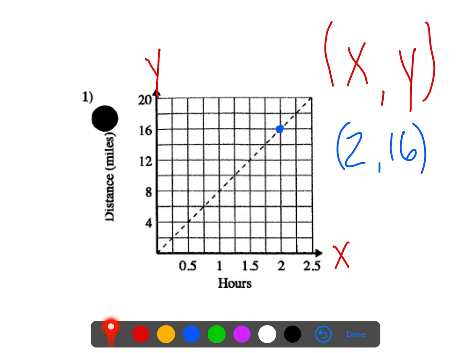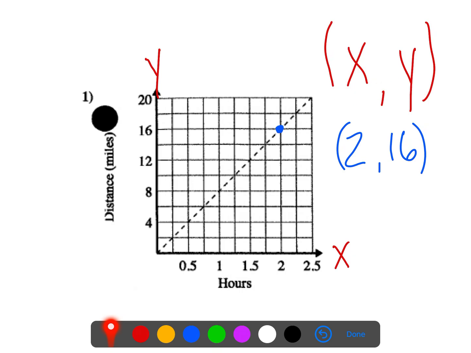All right? So pay close attention to the labels. I would suggest for each graph, go ahead and just put a little X and Y so that you can keep that straight. And please make sure you write this down so you remember the order of what numbers represent the X value and the Y value on that axis.